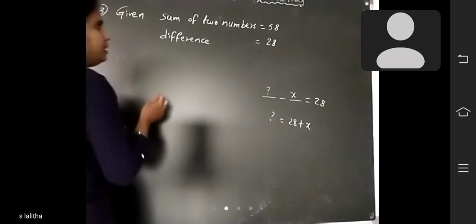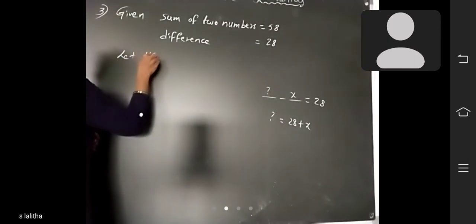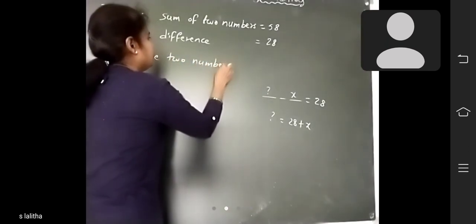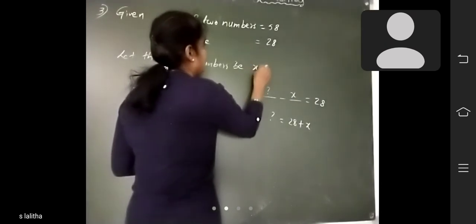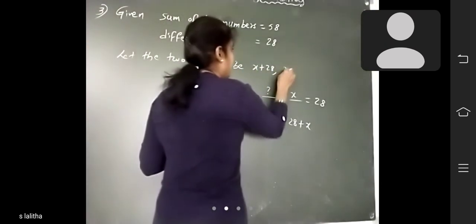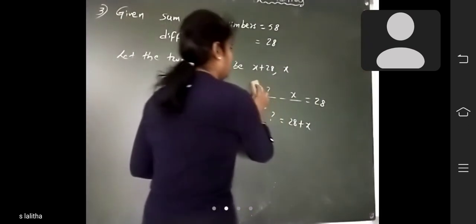Now write up the equation. Let the two numbers be x plus 28, x plus 28 is the bigger number and x is the smaller number. Now write the equation.